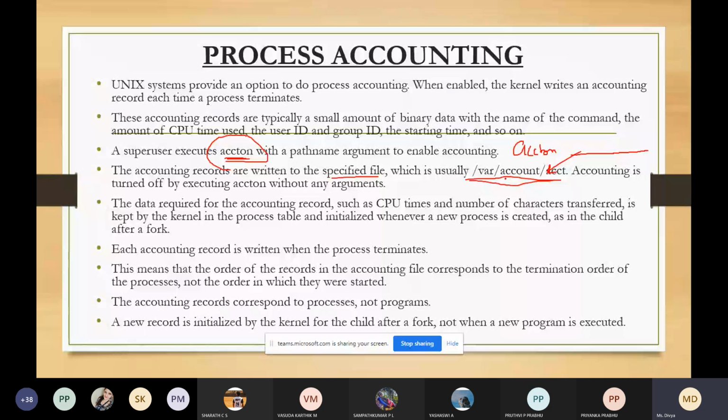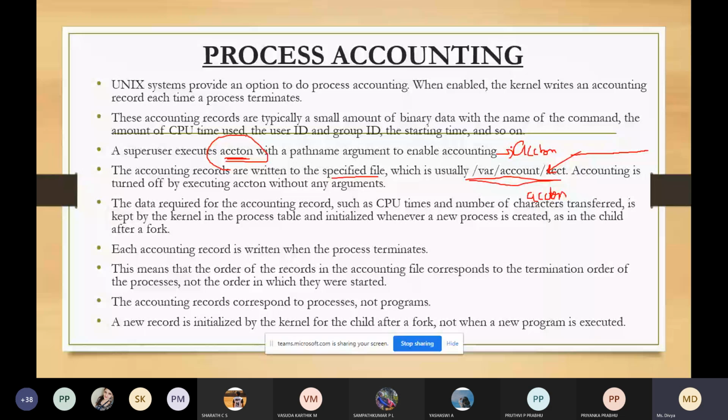Accounting is turned off by executing accton without any arguments. When you write accton with the path, the kernel will start writing the accounting record of a particular process to the specified file, and after some time you write the same command again, without arguments, to turn off the writing. So this starts getting the information, and this turns off the execution.